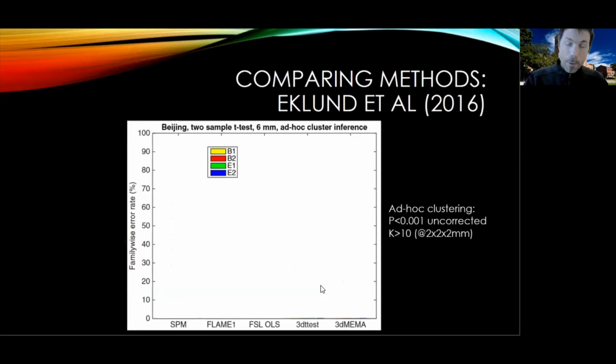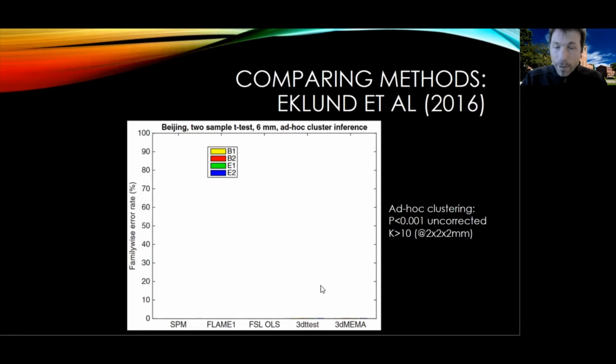Now, in this paper, they also looked at one fairly often used strategy, which they refer to as the ad hoc clustering, probably because it has been used for a long time, and that's the basis for why it's been used.